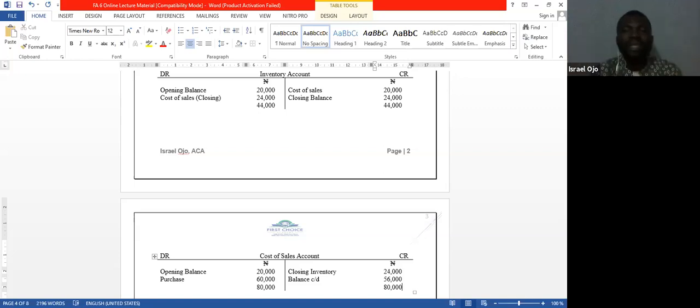So the matching concept says match the related expenses to the related revenue. Let's say my revenue is 70,000. I generated that 70,000 naira because I let go of some inventory worth 56,000 naira. So the difference between that 70,000 and 56,000 naira will be my gross profit.